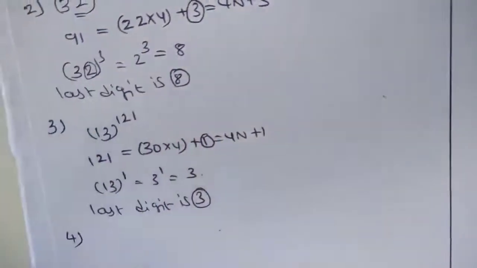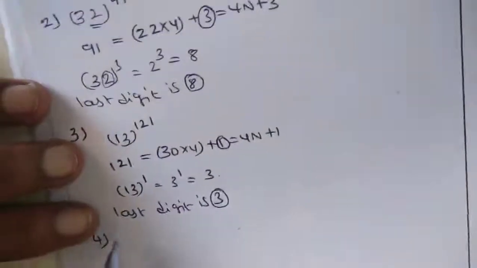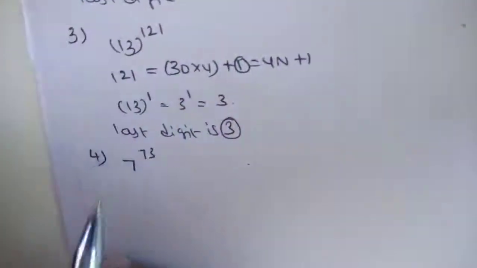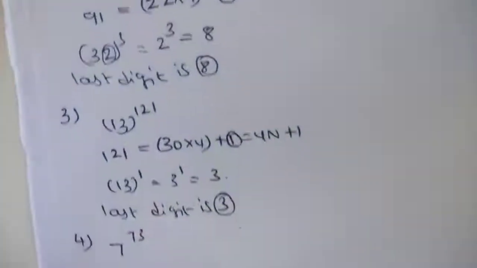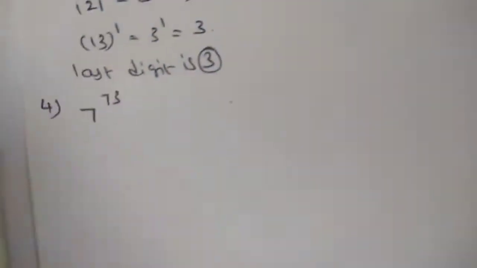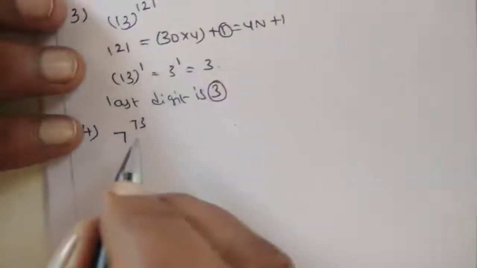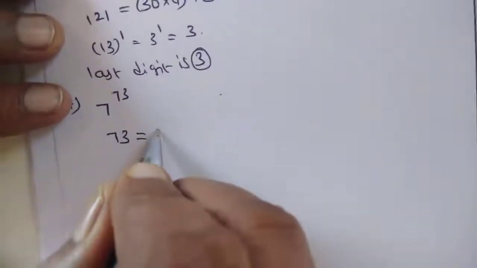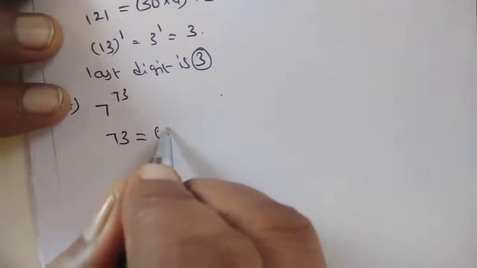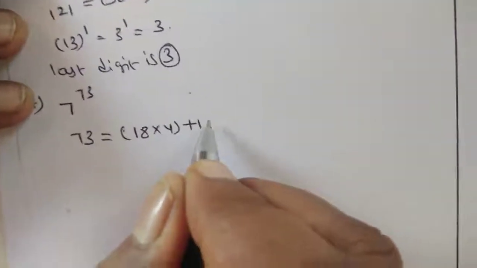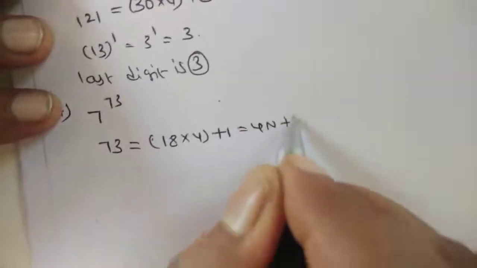Fourth, 7 power 73. It can be written as 18 into 4 plus 1, that is 4n plus 1.